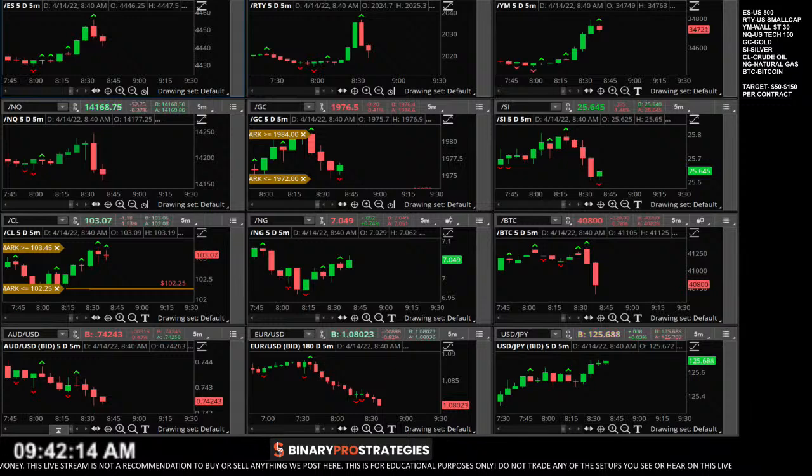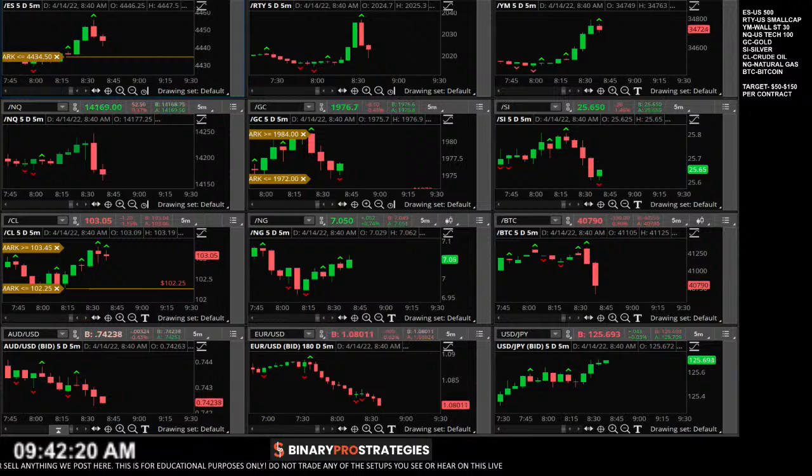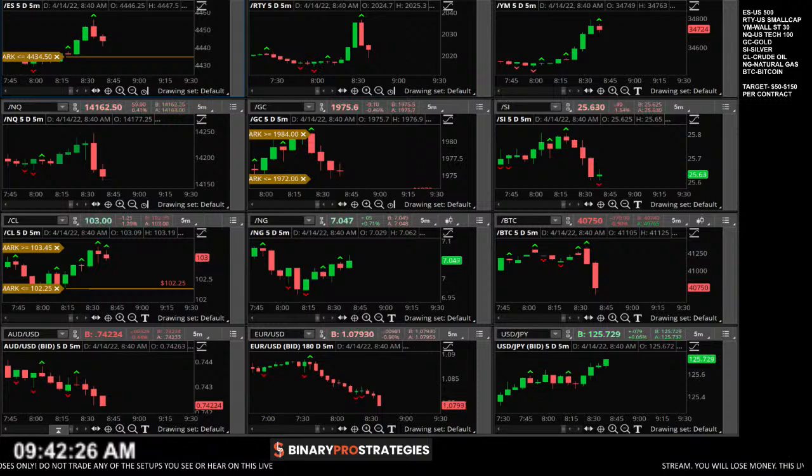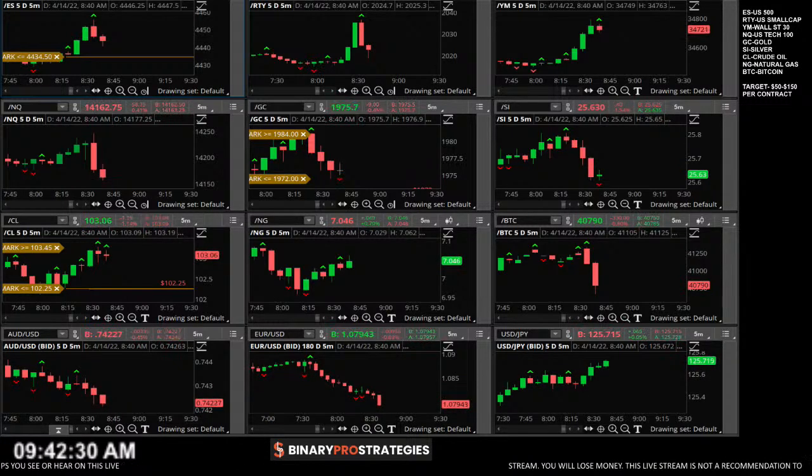That is going to be our profit target. And if we need to reverse, we're going to reverse at 44.53 and a half. That means we would reverse and go in the other direction.